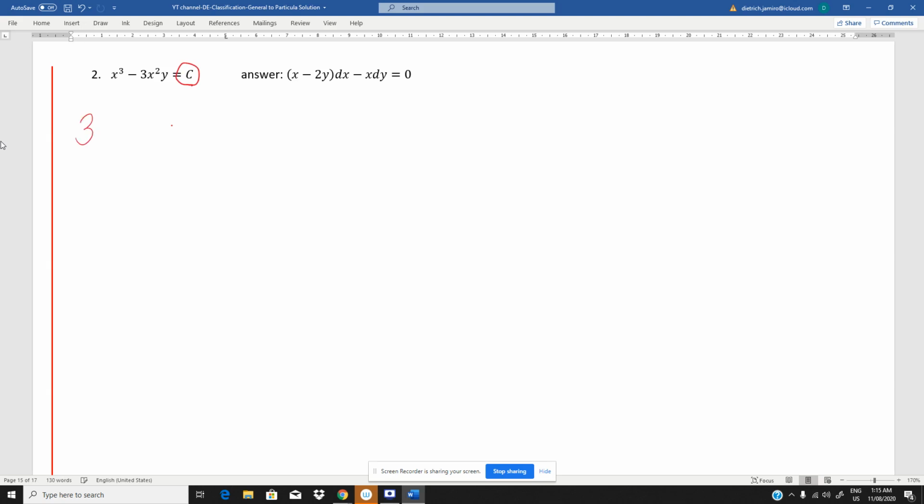We will have 3x squared minus the derivative of this. For the derivative of that, we will use the product rule. Take note that the rule is v du plus u dv.